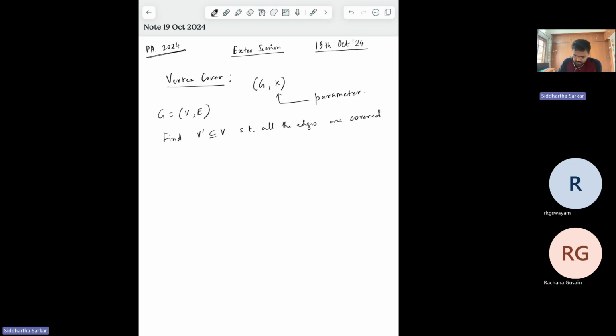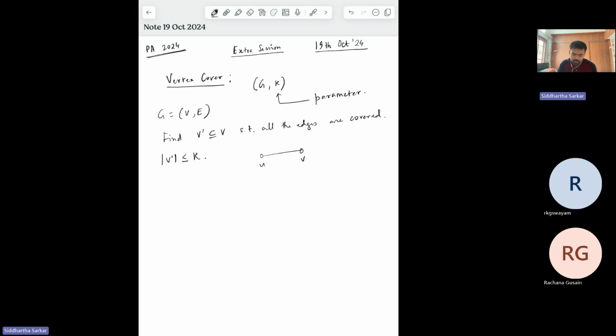An edge is said to be covered if at least one of its endpoints is part of the vertex subset that you have selected. Additionally, you would like to not select more than k vertices.